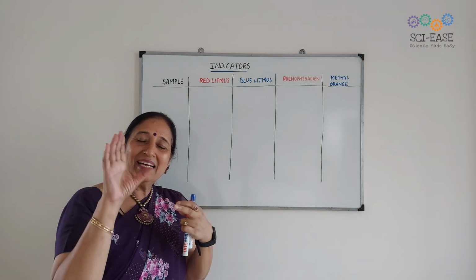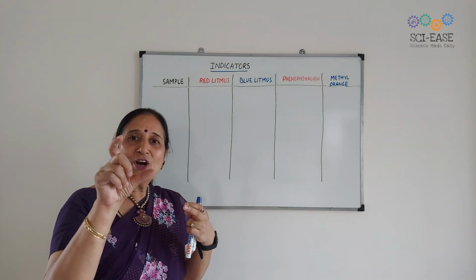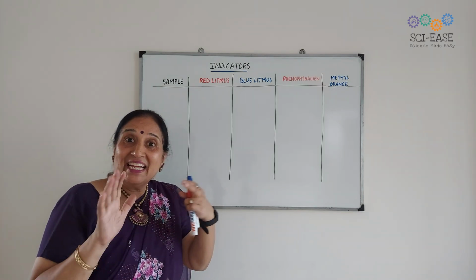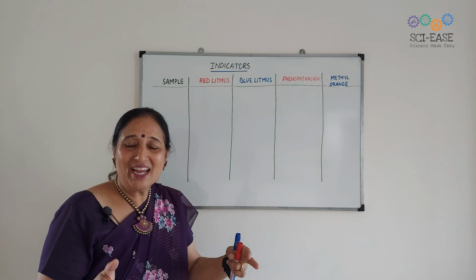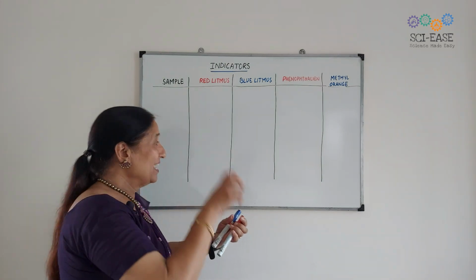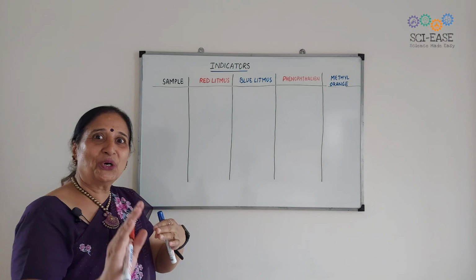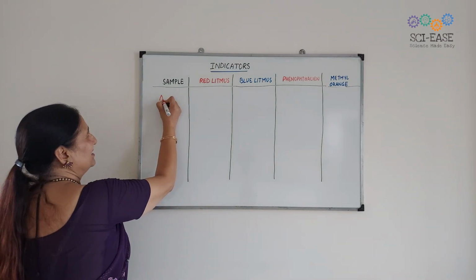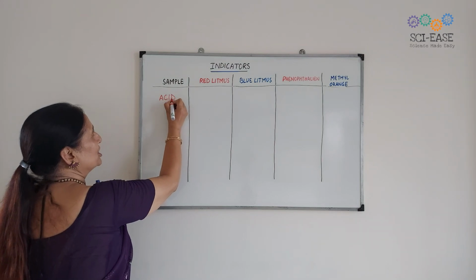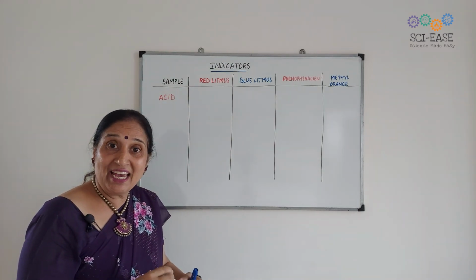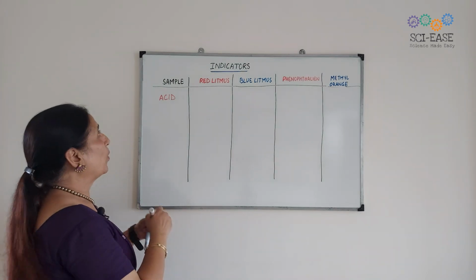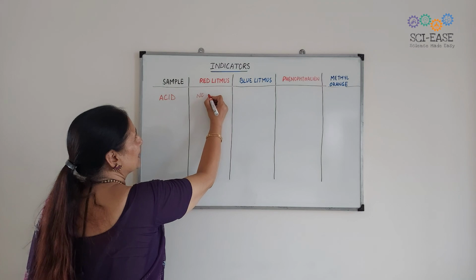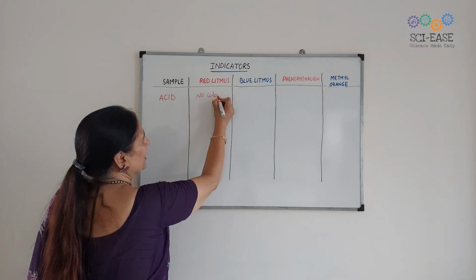You know that red color is a sign of danger. Acid is also dangerous. Okay, so you can say that acids show red color. This means that the solution in glass A is an acid. Red litmus: no color change. Okay?